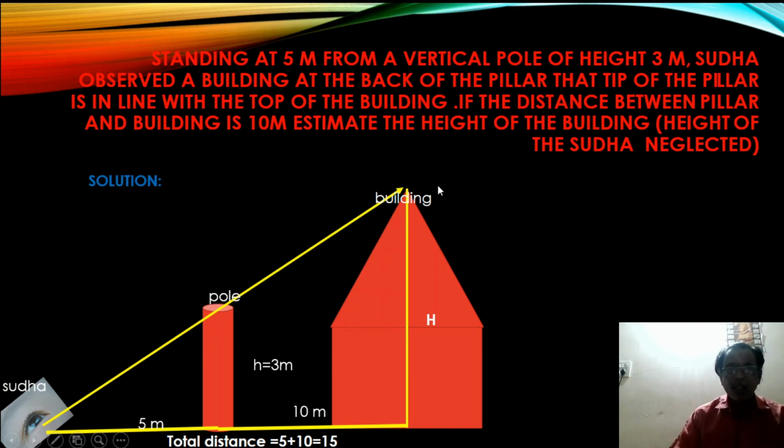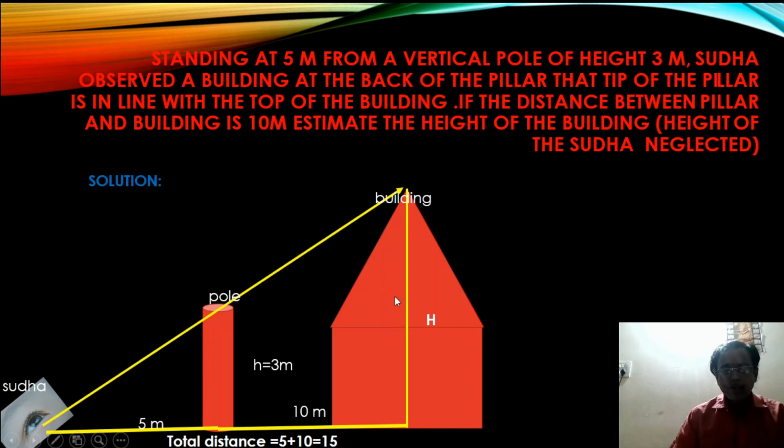Now here it is also given that the height of the pillar or pole is 3 meters, and the height of the building is the value we have to find. Also given, the distance between Sudha and the pillar is 5 meters, and the distance between the building and the pole or pillar is 10 meters.